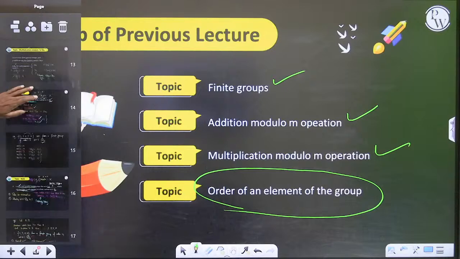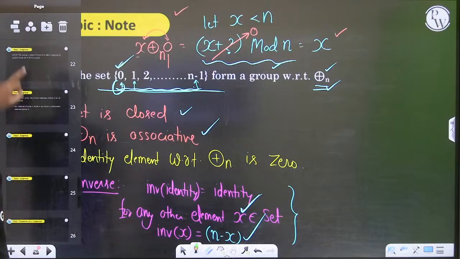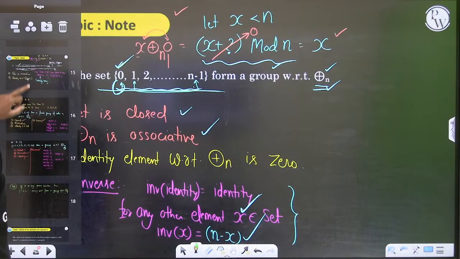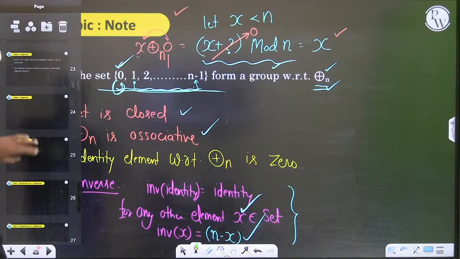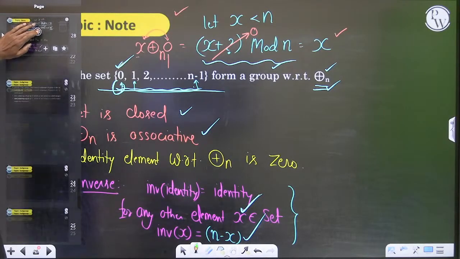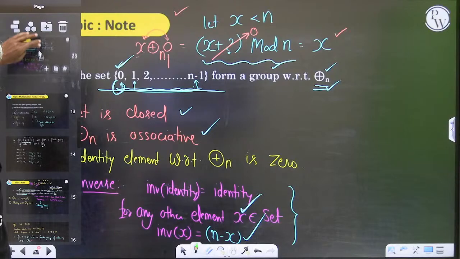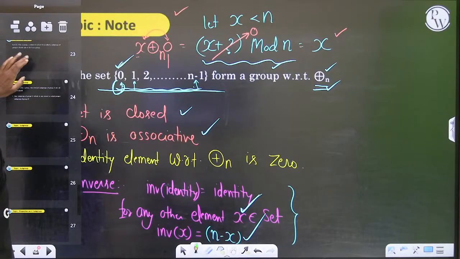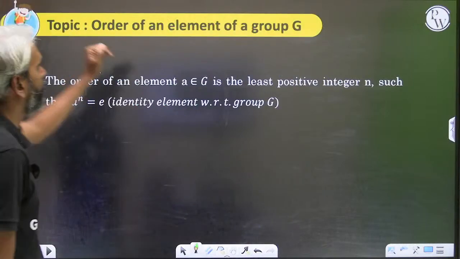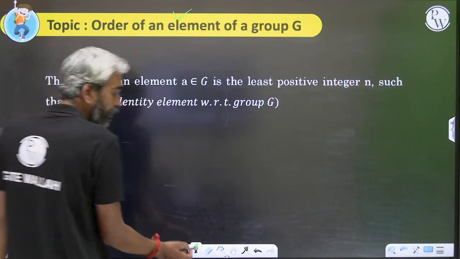So let me complete it. Let us talk about the concept of order of an element of a group. So, sir, what do we mean by order of an element?